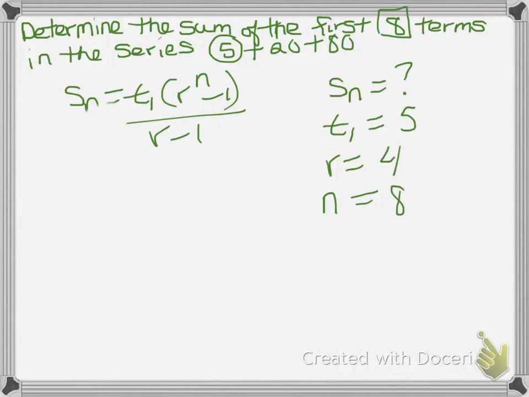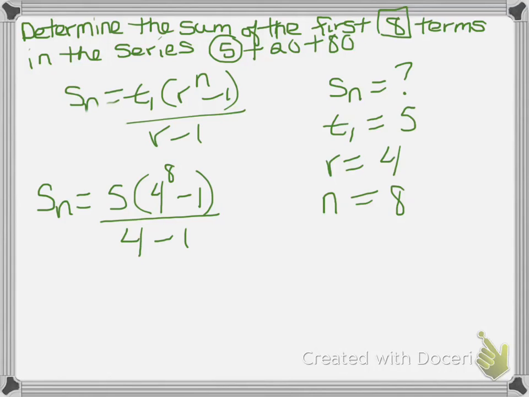Alright, so then we can fill in our formula. So S sub n, so the sum of first term, t1 is a 5, open bracket, common ratio is a 4, to the power of n, in this case it's 8, minus 1, and that's all divided by our common ratio, which is 4, minus 1.